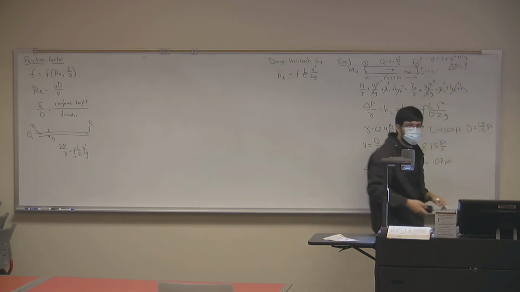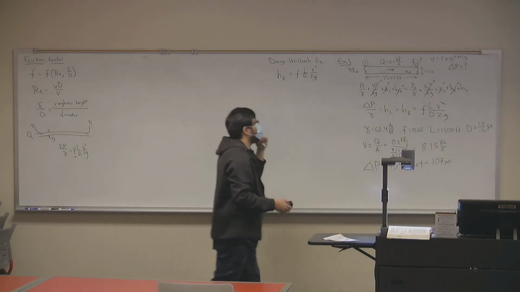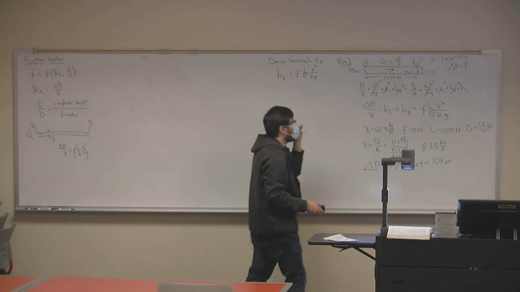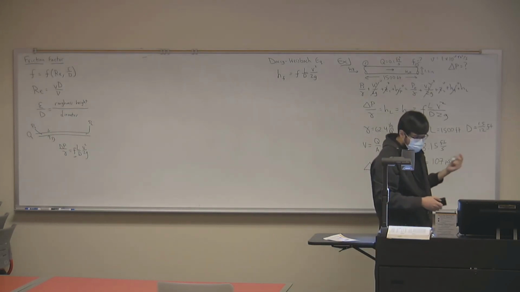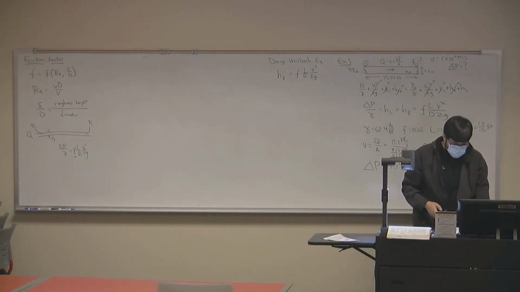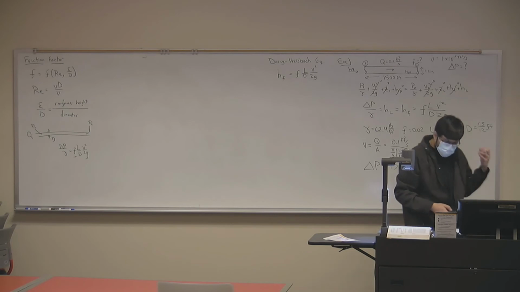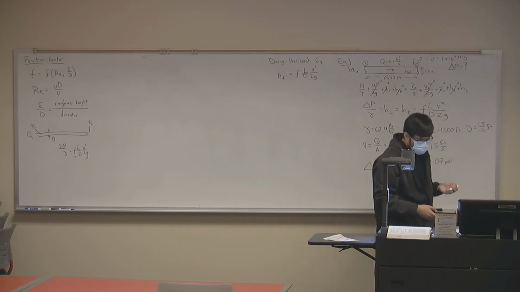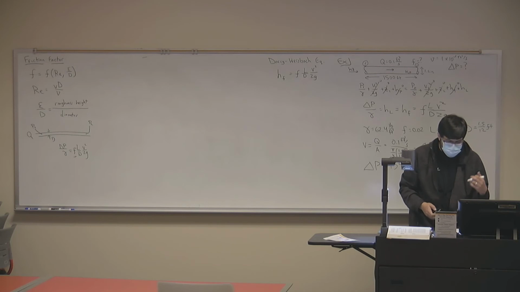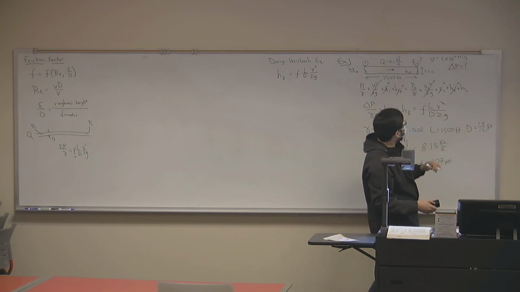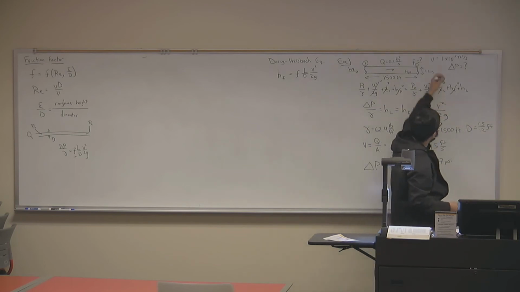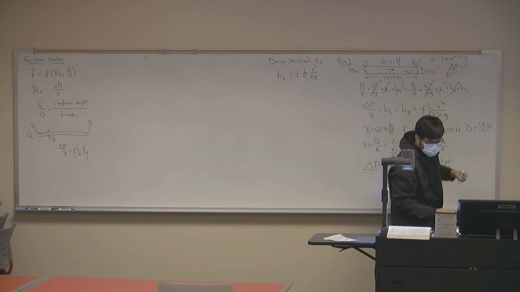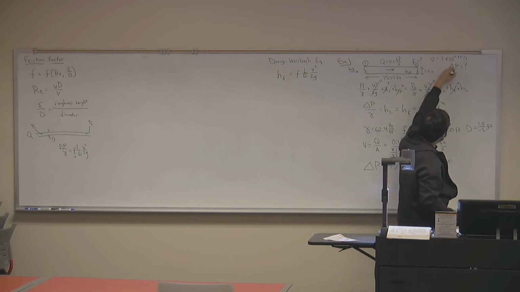You may want to memorize that number, right? 1 times 10 to the negative 5 feet squared per second. So given that information, we know that the kinematic viscosity is 1 times 10 to the power negative 5 feet squared per second. And let's say that this pipe is made of a material whose roughness height is 0.00015 feet.